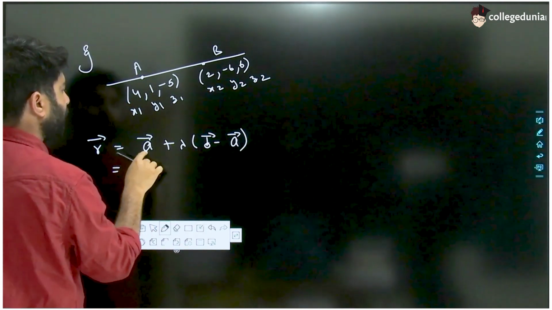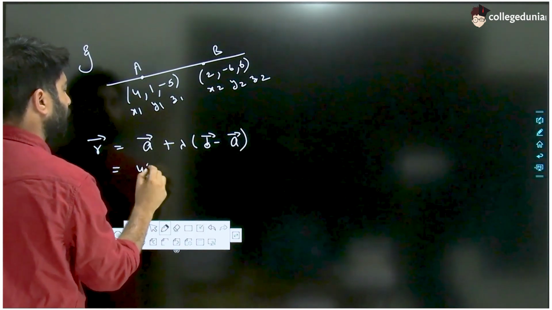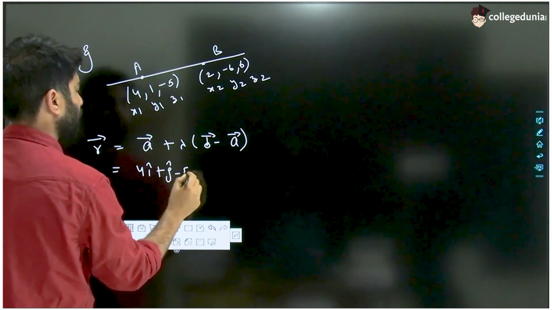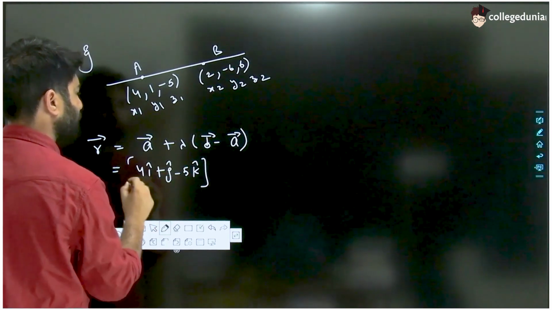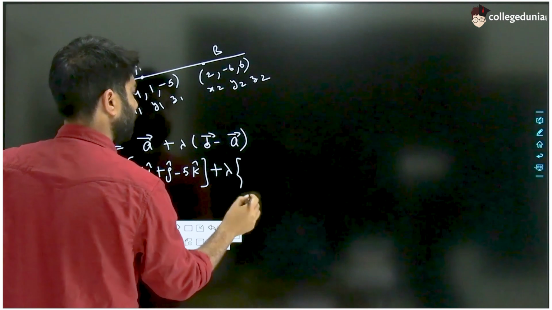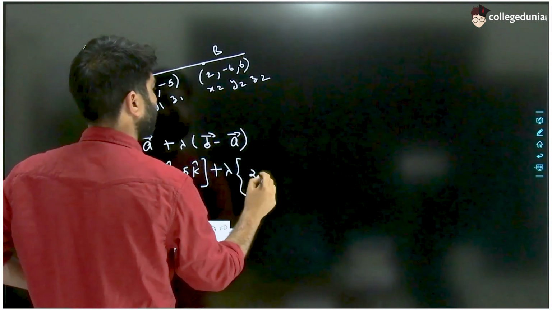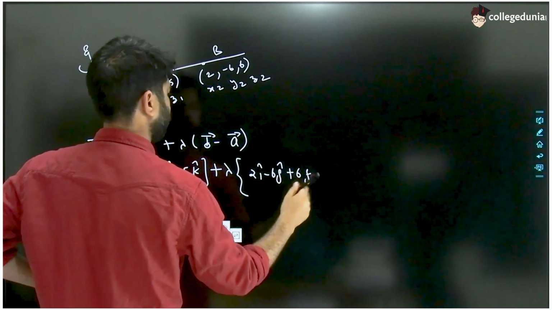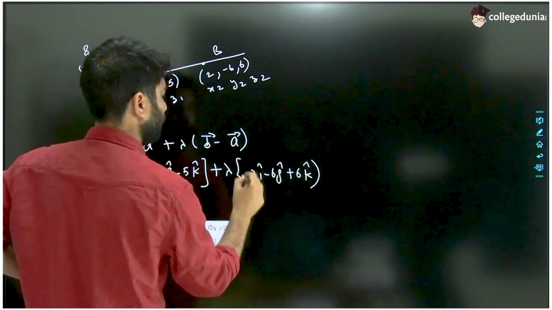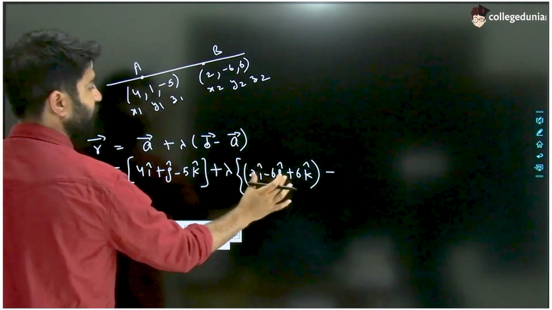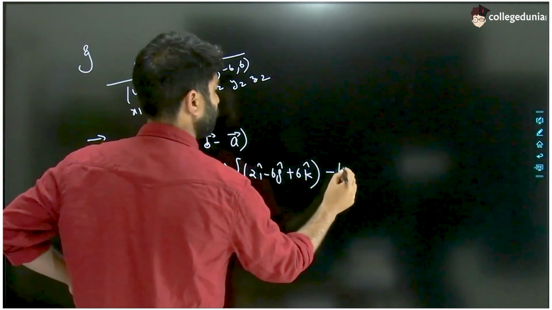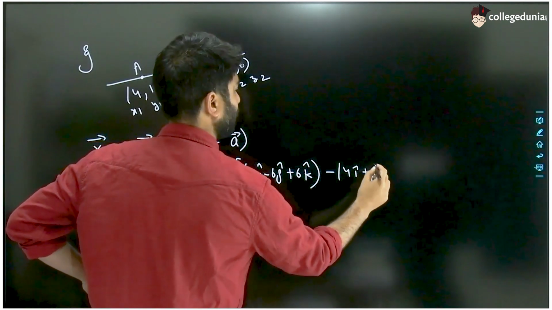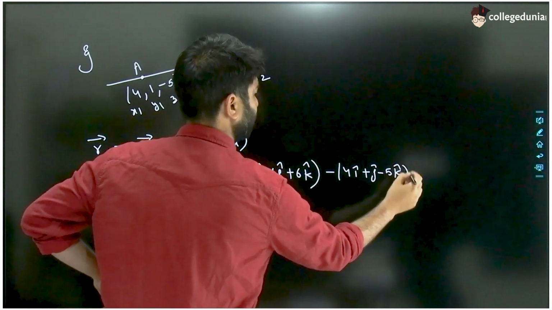So the value of a vector is 4i plus j minus 5k, plus lambda times b vector, which is 2i minus 3j plus 6k. Now a vector will be subtracted from this, 4i plus j minus 5k.